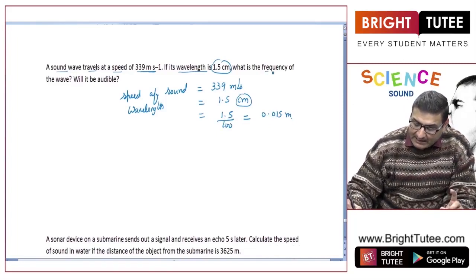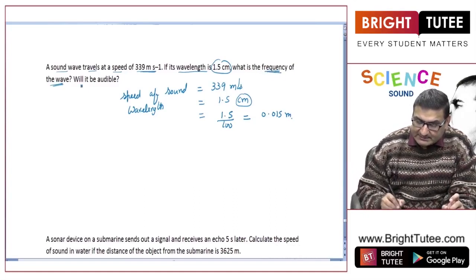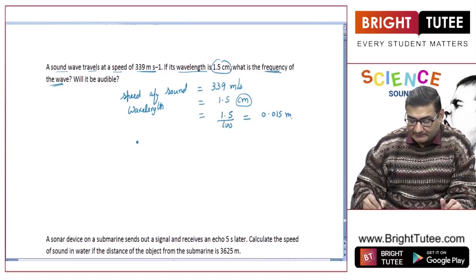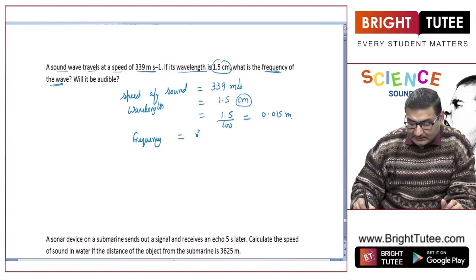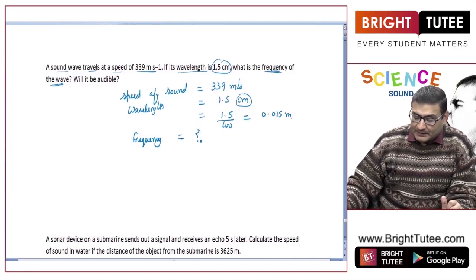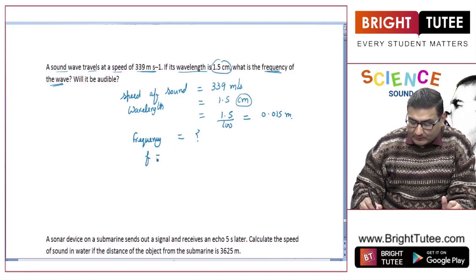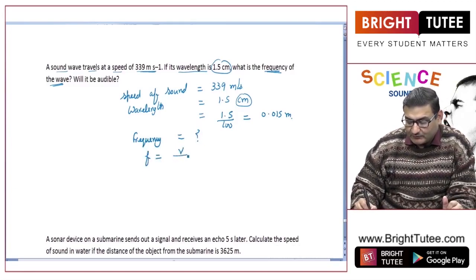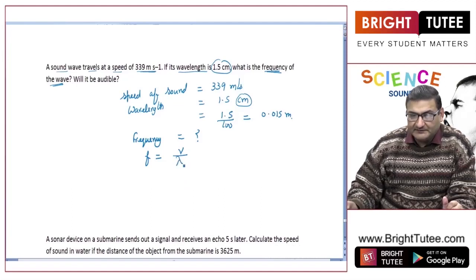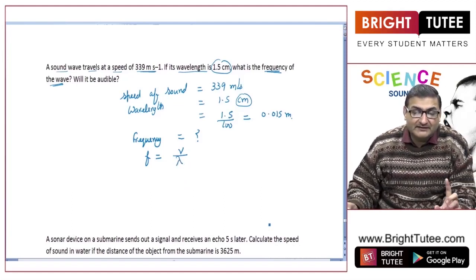Alright. We have to calculate the frequency of the wave. Now I know the formula, that frequency is calculated by the formula speed upon wavelength. From where? Because of the wave equation.